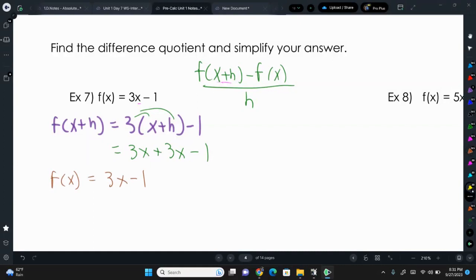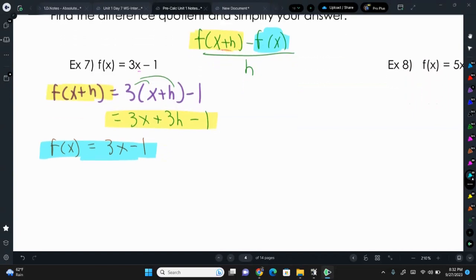So then we can make those substitutions. F of x plus h is really equal to 3x plus 3h minus 1. And f of x is equal to 3x minus 1.